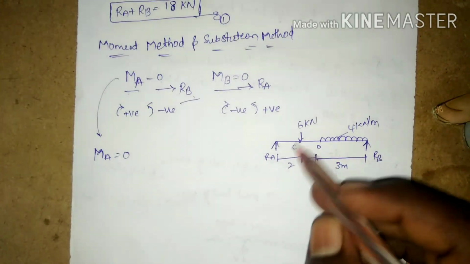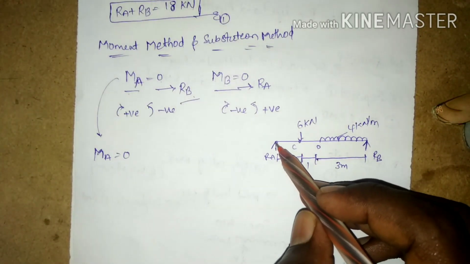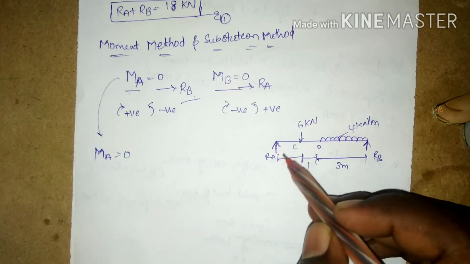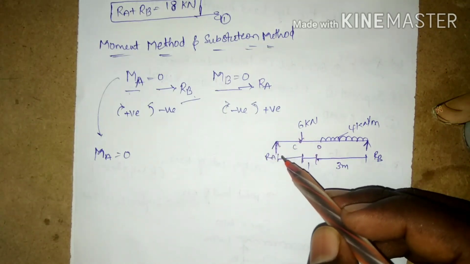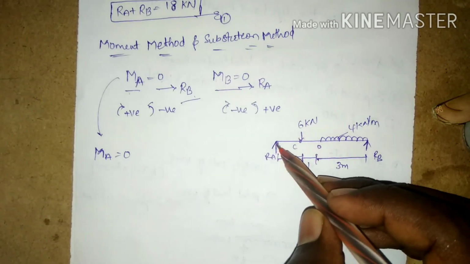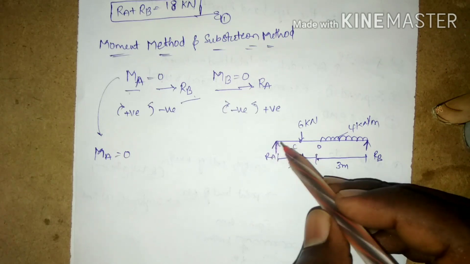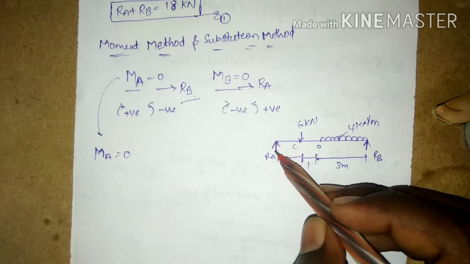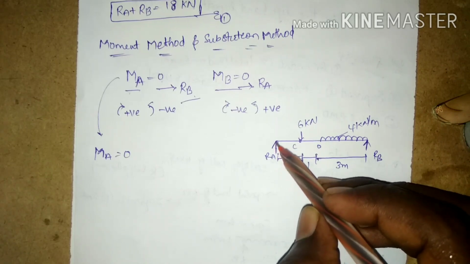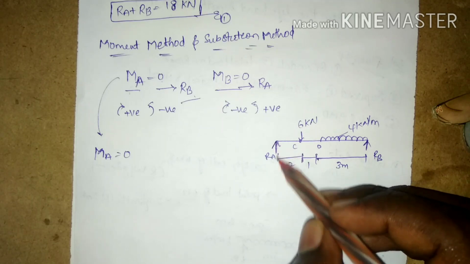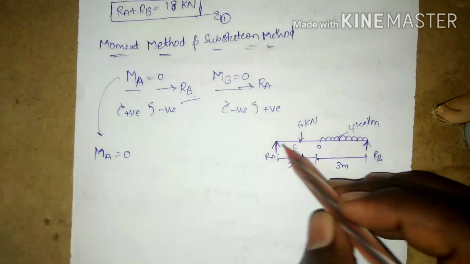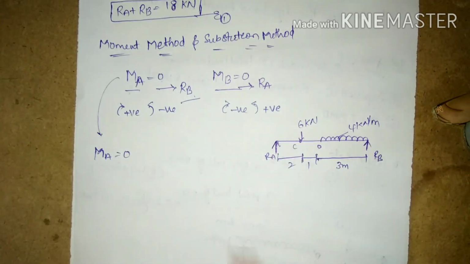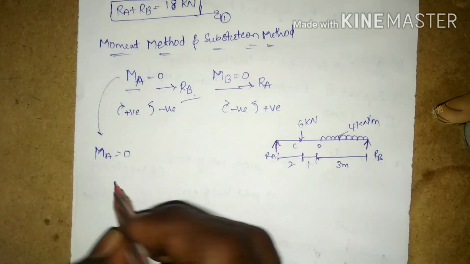In this diagram, RA will not stay in the equation because RA cannot be multiplied with a distance of 0. When I take the moments about A, there is no perpendicular distance to multiply with RA, so RA is eliminated from this equation, remaining with RB.